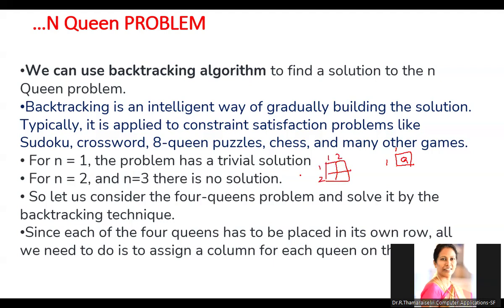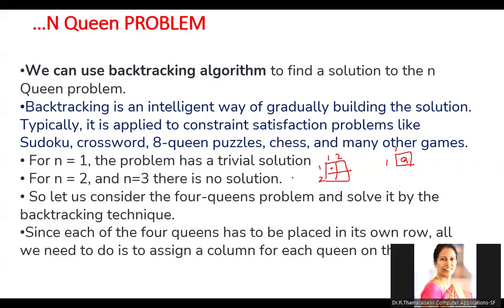This 2 by 2 board does not have any solution because when you keep this queen here, what is the next queen to be placed? You cannot place the second queen here because it will attack. If you place it here, diagonally, the queen will attack. So there is no solution for n equal to 2.